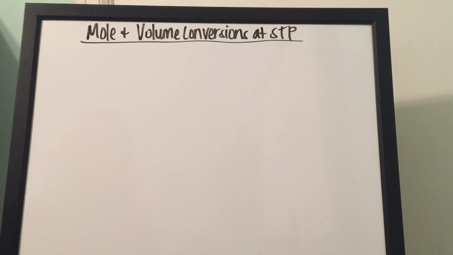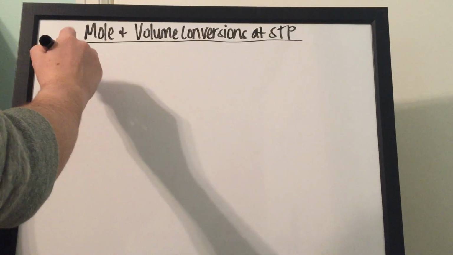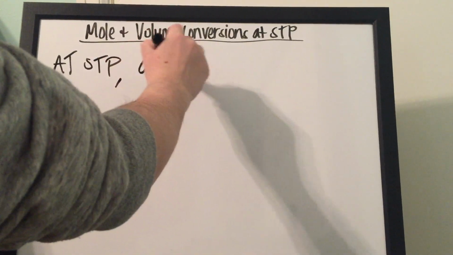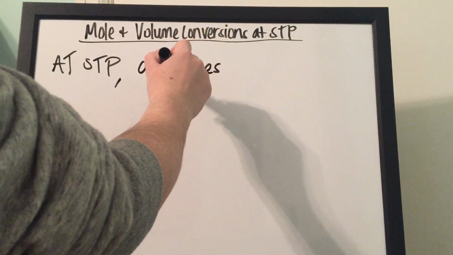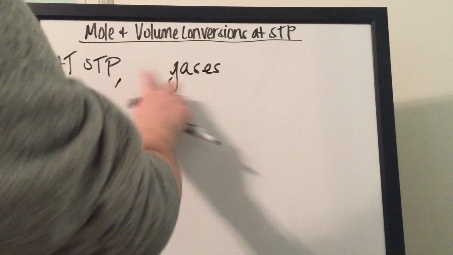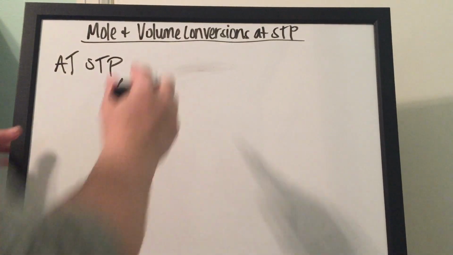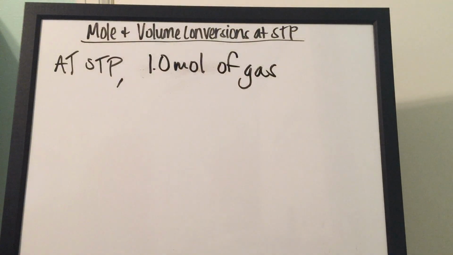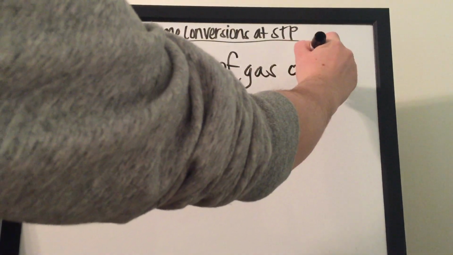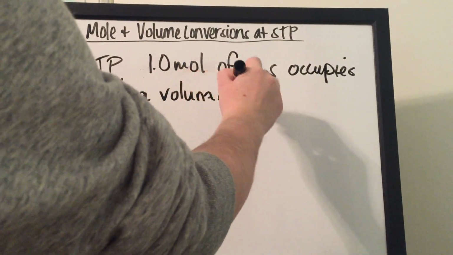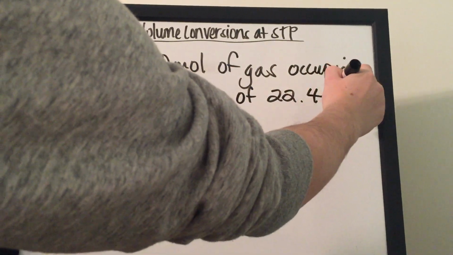And so there's a law that says that at STP, 1 mole of a gas, any gas, doesn't matter, as long as it's at the standard temperature of 0 and the standard pressure of 1 atmosphere, 1 mole of a gas will occupy a volume of 22.4 liters.